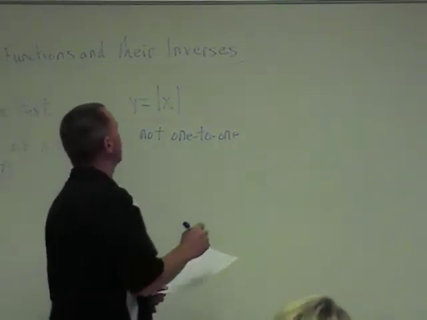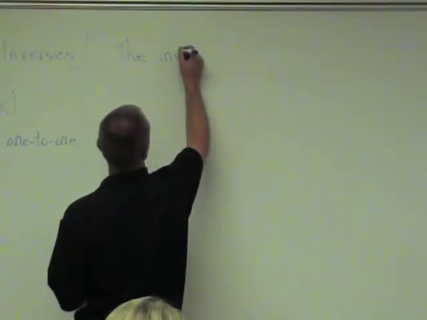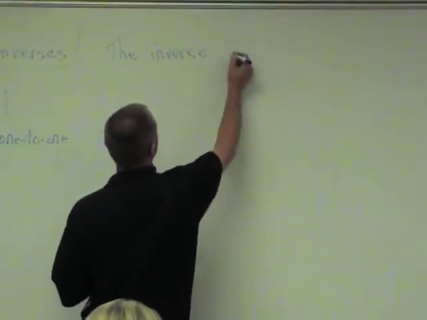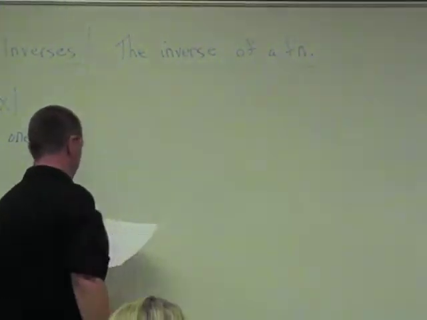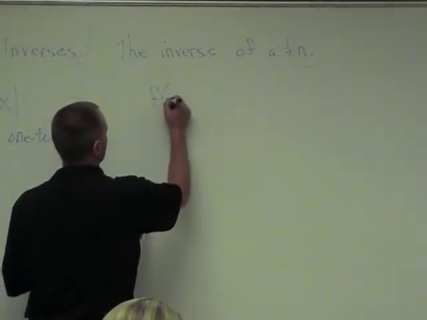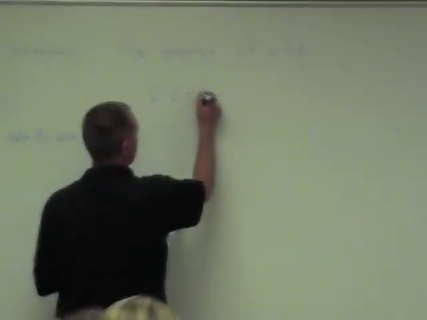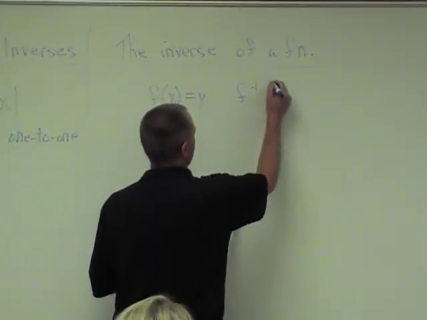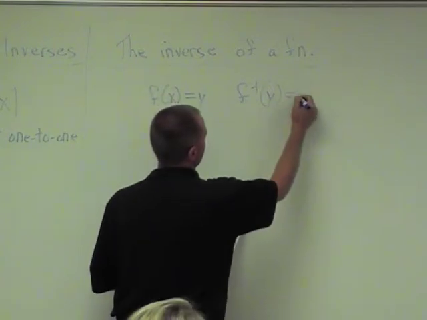Let's talk about the inverse of a function. Basically, in general, and we're going to show this in the next few minutes with some examples, f of x equals y. The inverse of y is x.